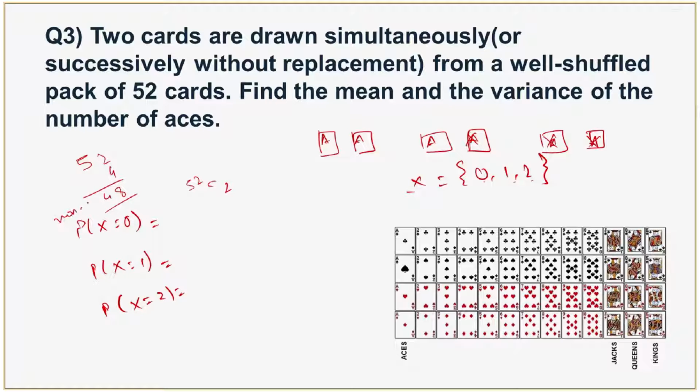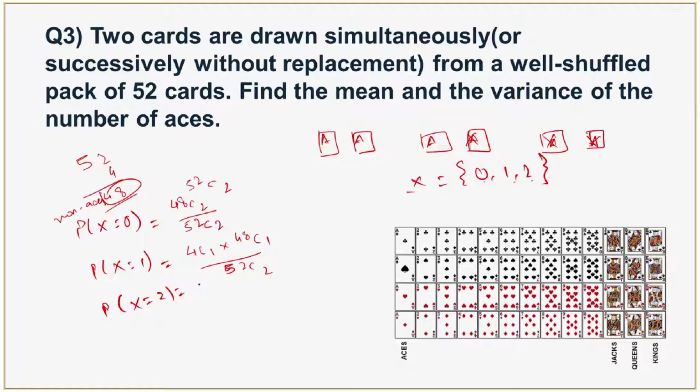Out of those 48 non-aces, you draw 2, and the probability will be 48C2 by 52C2. Why 52C2? Because you're drawing 2 cards out of 52. Probability of x equal to 1 will mean you're drawing one ace out of the 4 and you're drawing a non-ace out of the remaining 48.